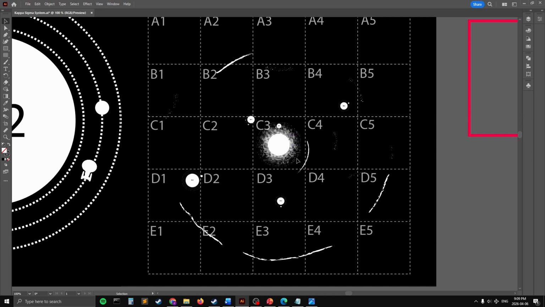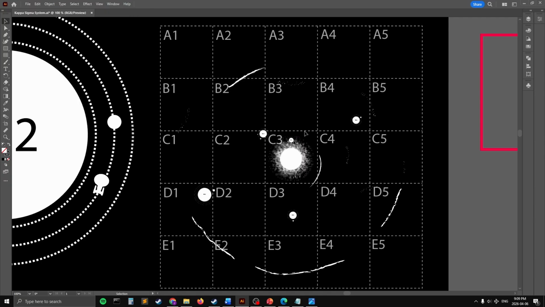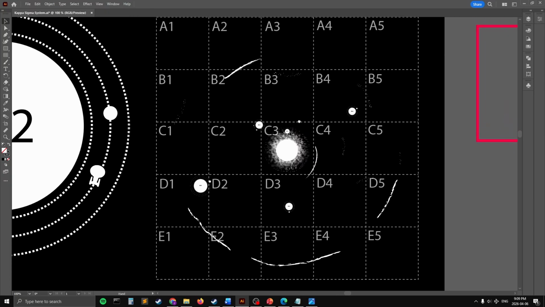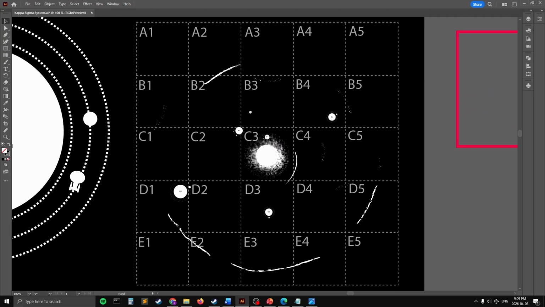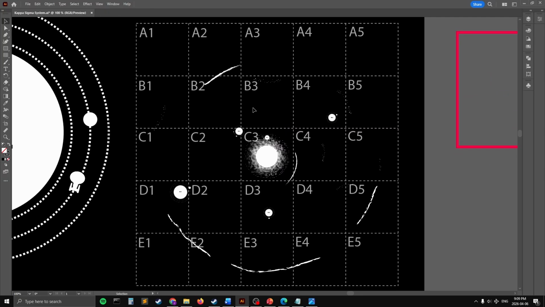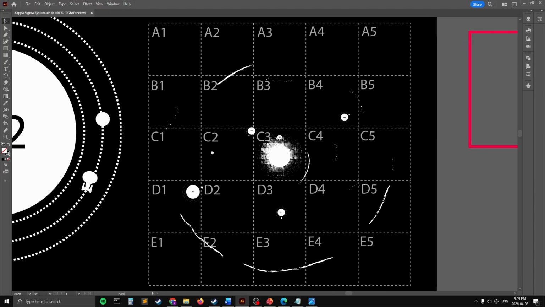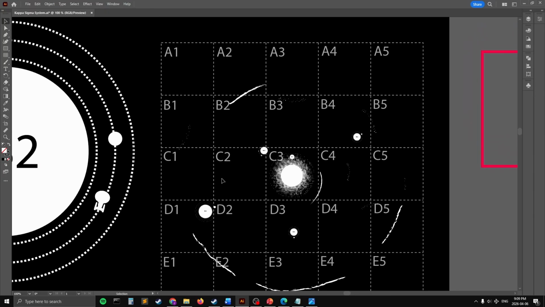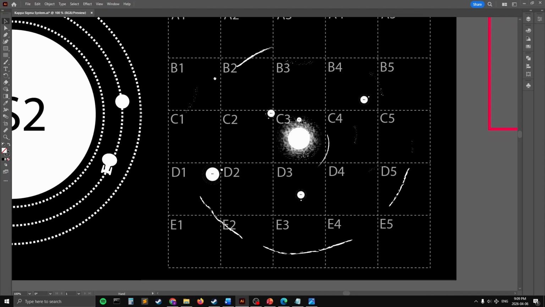And now that's a lot easier to accomplish now that there are grid squares. It's also easier for me, the umpire, to tell players, oh, you picked up some kind of explosion from grid D1. Maybe we should go check that out. It just makes things a lot easier when you have a grid like this.